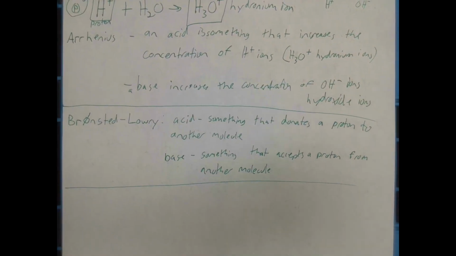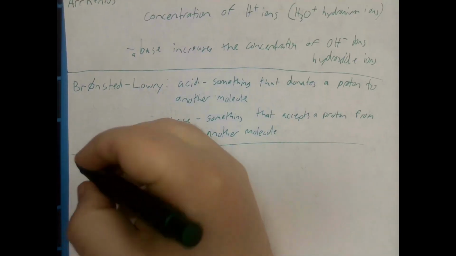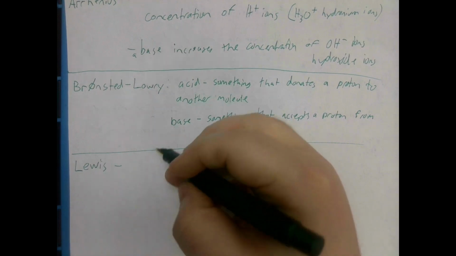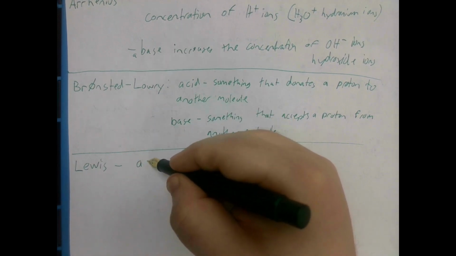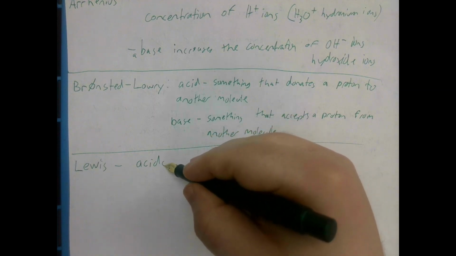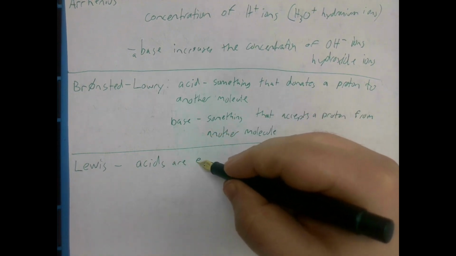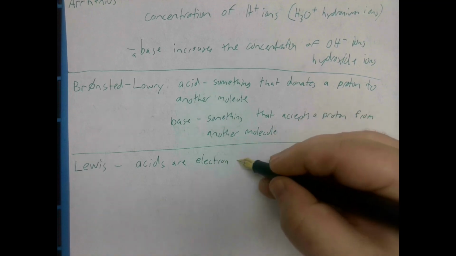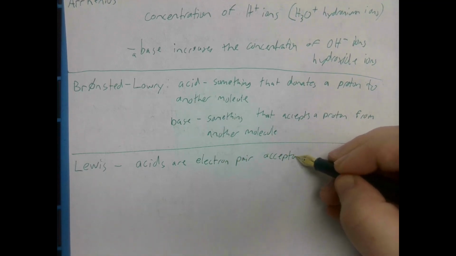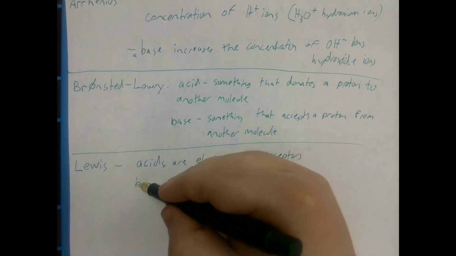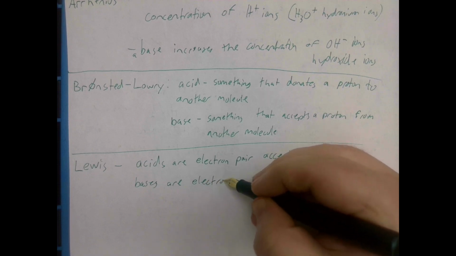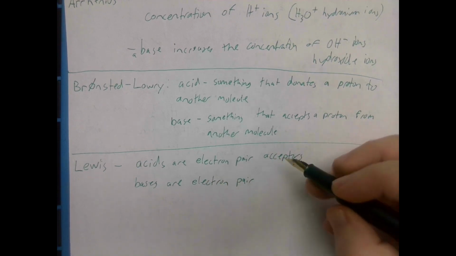And last, we have the broadest, most general definition, and that would be Lewis' definition. Acids are electron pair acceptors, while bases are electron pair donors.